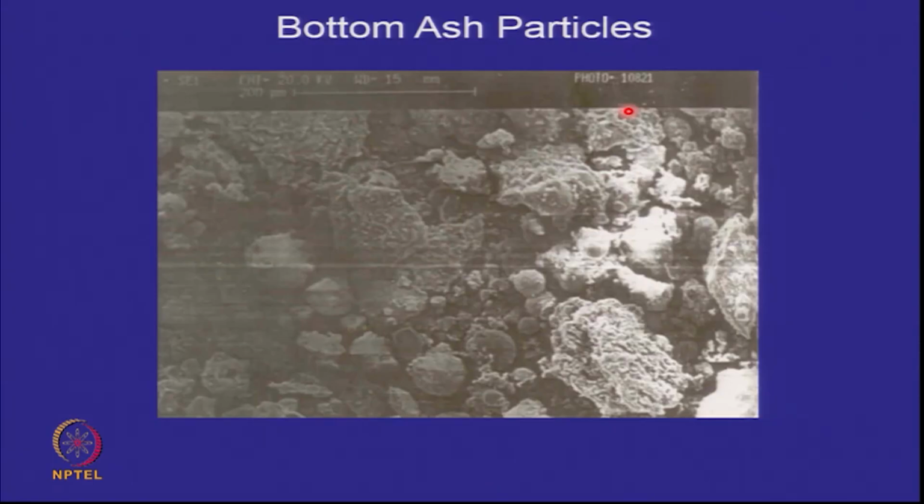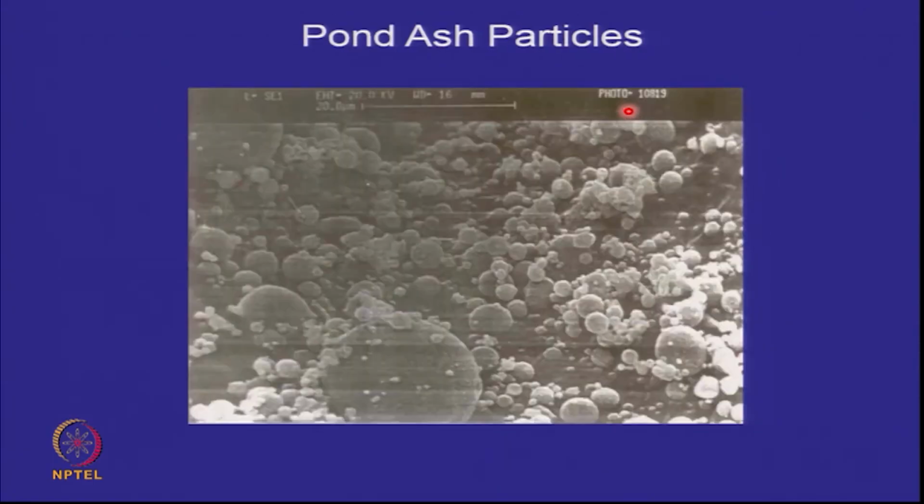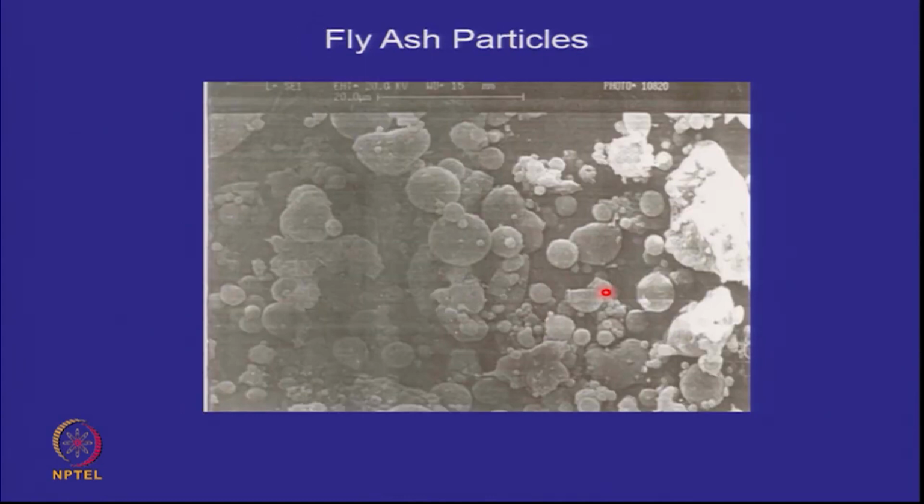If I go to pond ash, what do I start to see? A lot more rounded particles. I'm looking at pond ash, but it's predominantly fly ash. If I take fly ash particles, several round particles are visible.